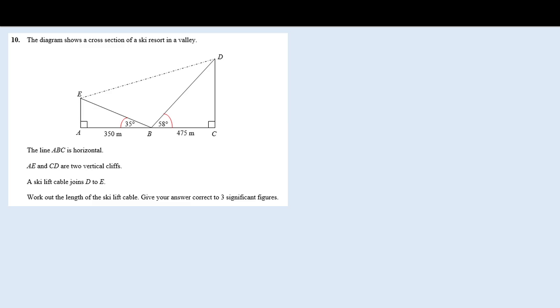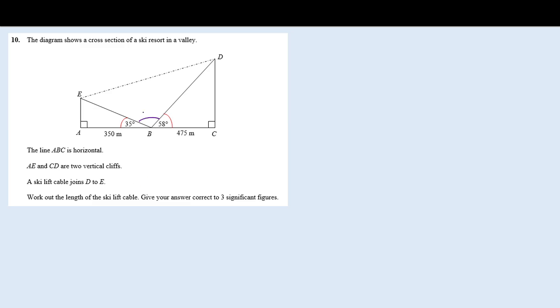Okay, so if you've had time to have a think about this and think of, what maths could you use, what things are crying out to you, what bits of information have we not got at the moment. We've got this angle here, which we could work out.